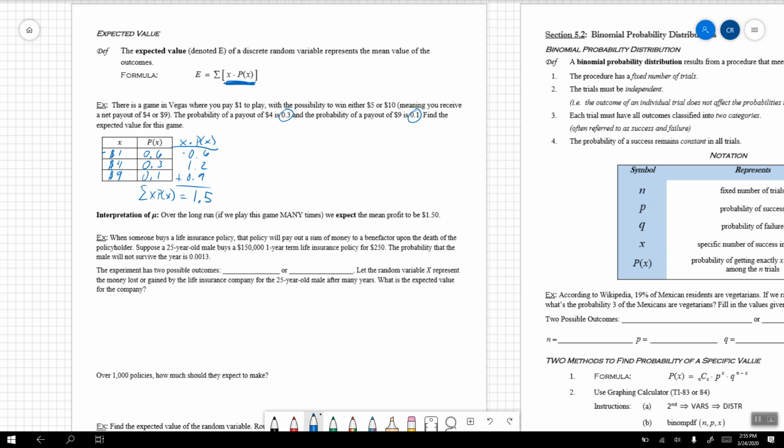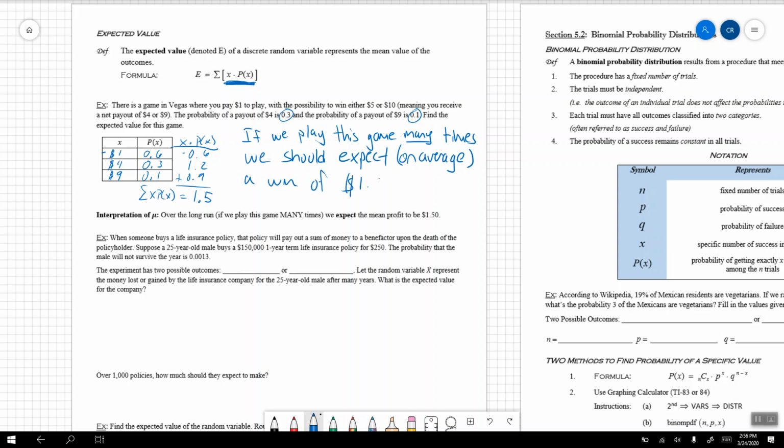That means that if we play this game many times, we should expect, on average, a win of $1.50.